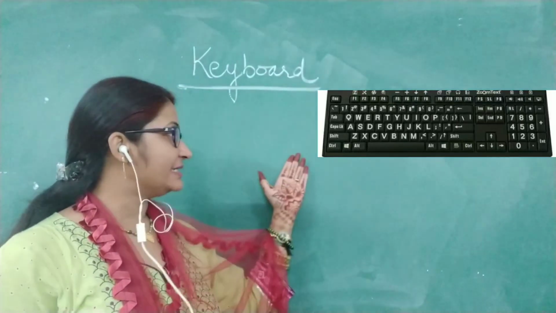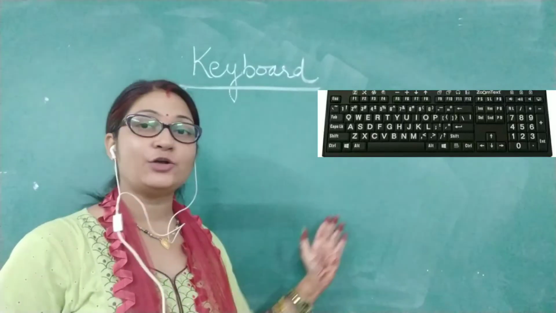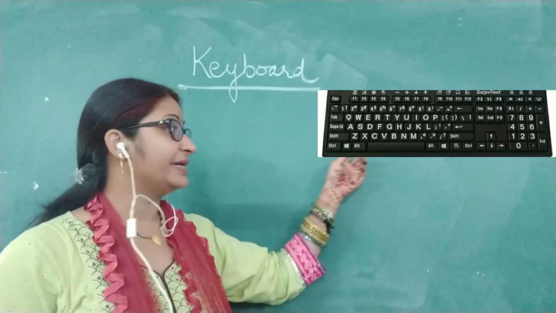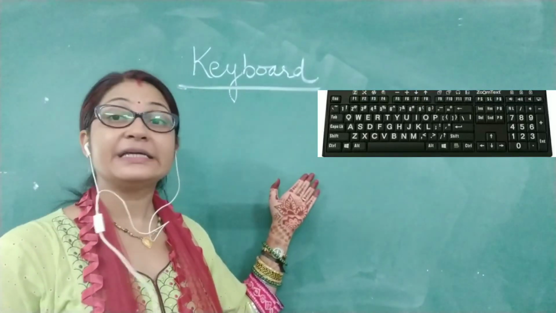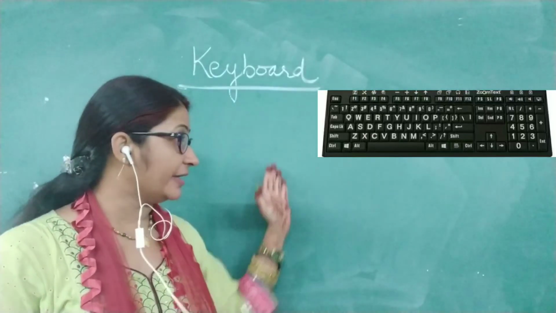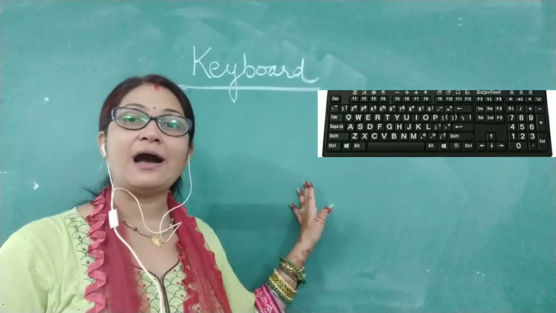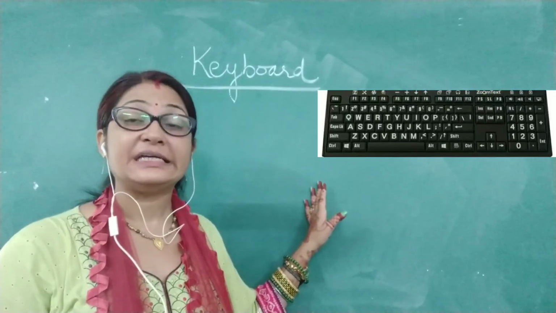As you can see, there are different keys present on a keyboard. The different buttons present on it are called the keys. And as all the keys are arranged on a board, it is called the keyboard.